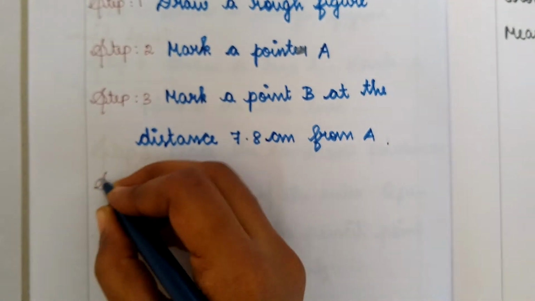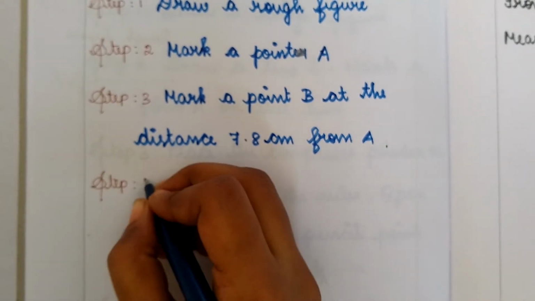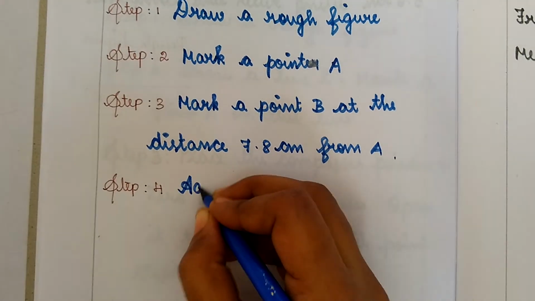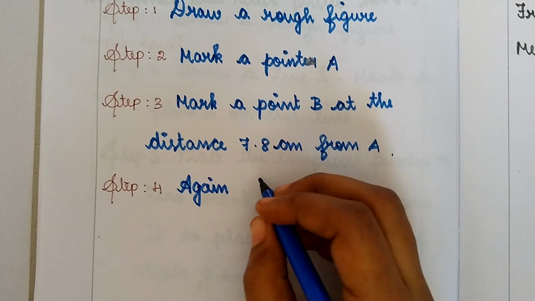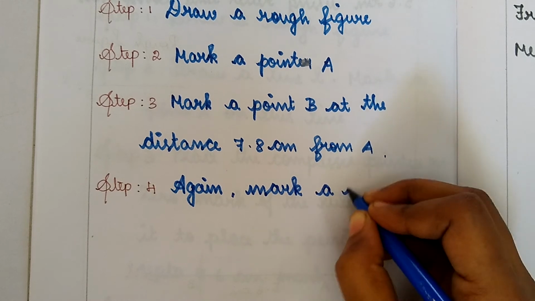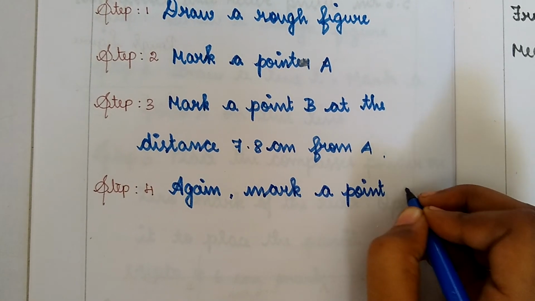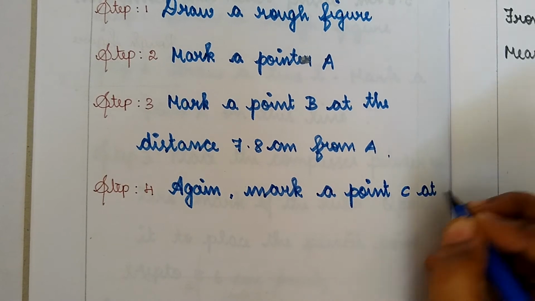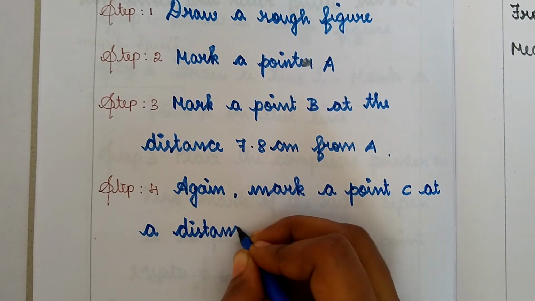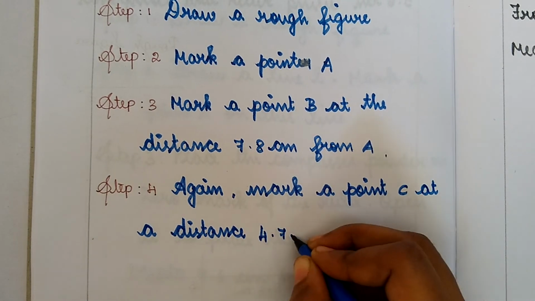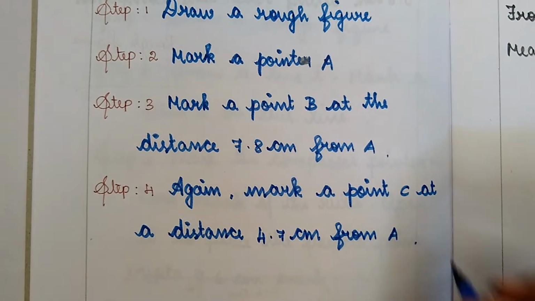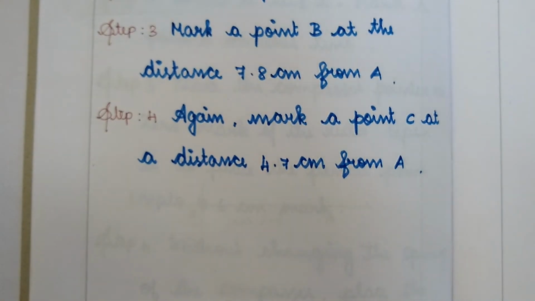Then step 4. Step 4 is again mark a point C at a distance 4.7 centimeter from point A. Then what is the last step?